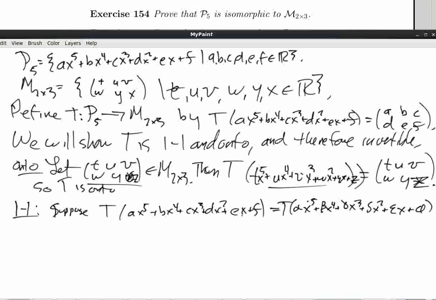Suppose that these two outputs are the same. I'm going to show that the input with the regular letters and the input with the Greek letters will be the same.